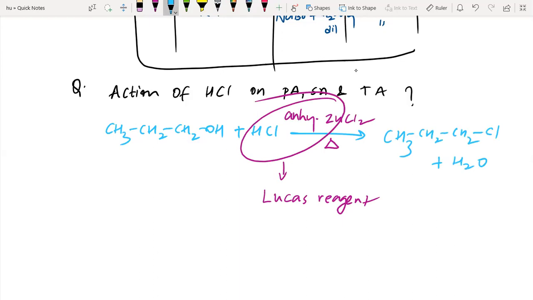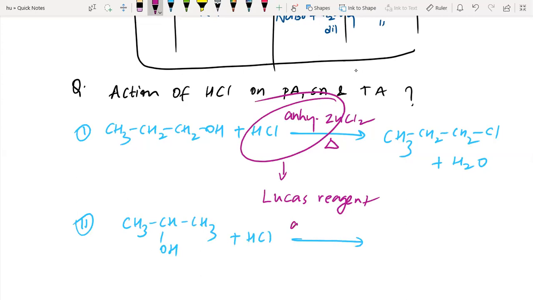Now this is the first reaction here. The second, with the secondary alcohol: the structure is CH3CHCH3 with OH. When this is reacted with HCl, on the arrow we again have to write anhydrous ZnCl2, but this time no need to heat, it is room temperature.